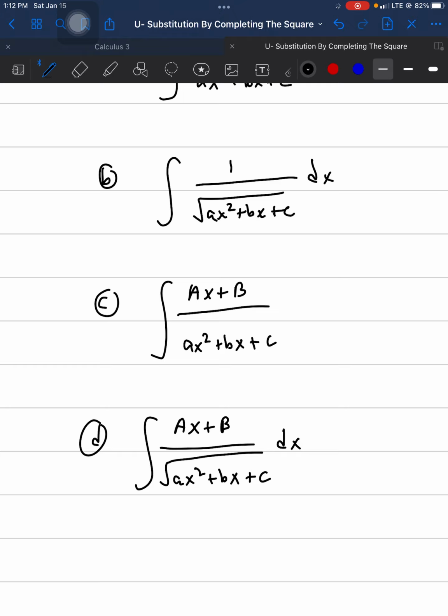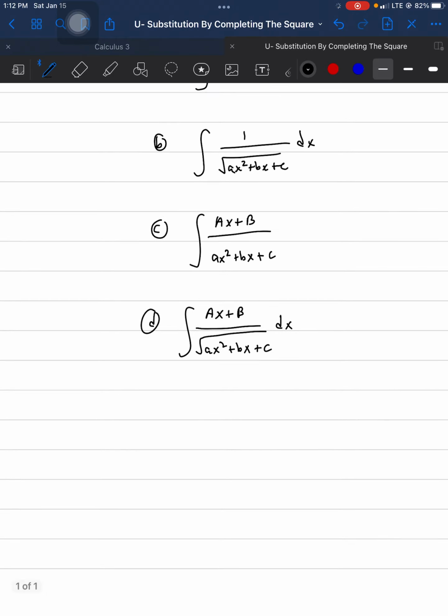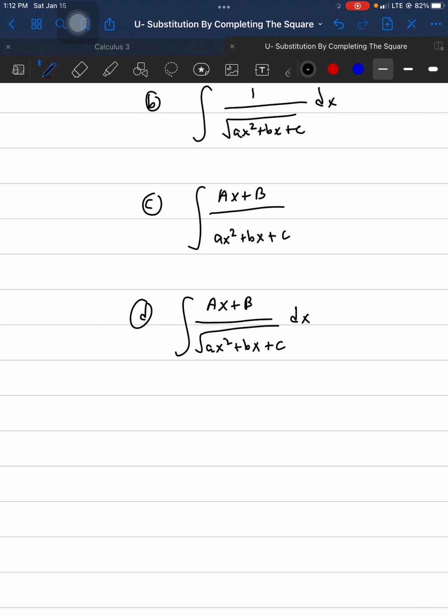Same thing, you need to think, is completing the square possible here? And then the harder ones are C and D, where we have an algebraic function over a quadratic, and an algebraic function over a root of a quadratic.